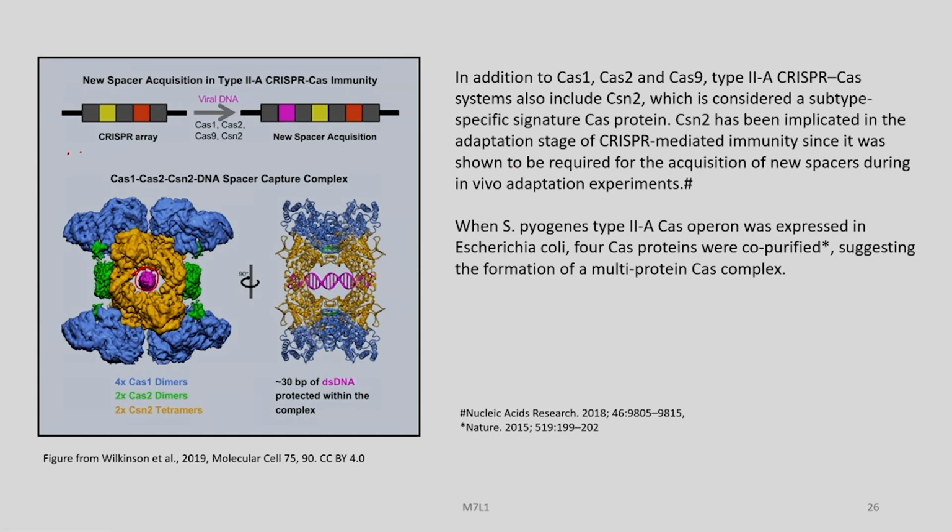Csn2 has been implicated in the adaptation stage of CRISPR-mediated immunity, since it was shown to be required for the acquisition of new spacers during in vivo adaptation experiments. When the S. pyogenes type 2A cas operon was expressed in E. coli, 4 Cas proteins were co-purified, suggesting the formation of multi-protein Cas complexes. So, these are the experimental evidences which led to the suggestion of these kinds of structures occurring.